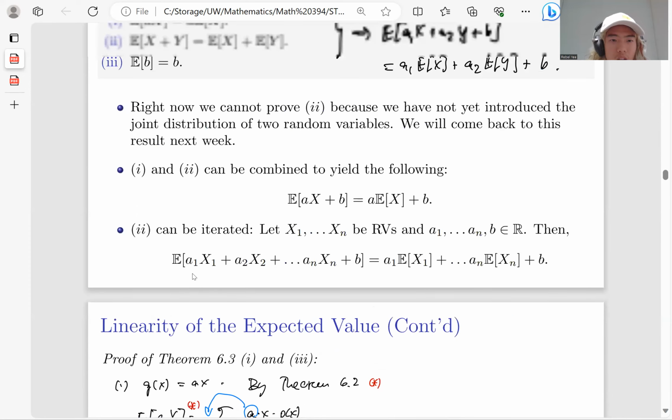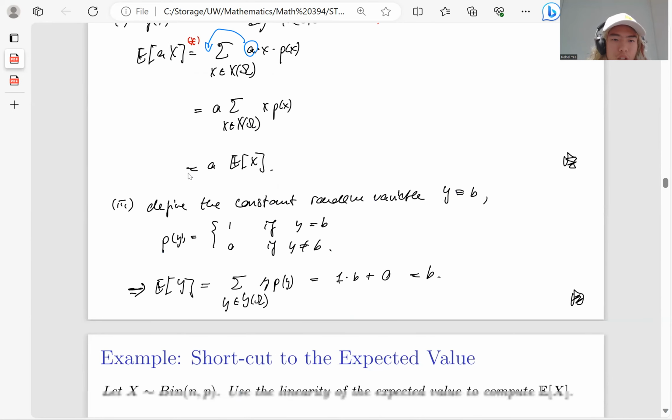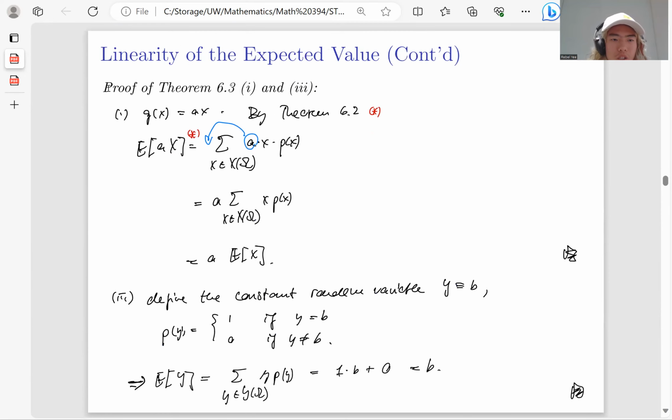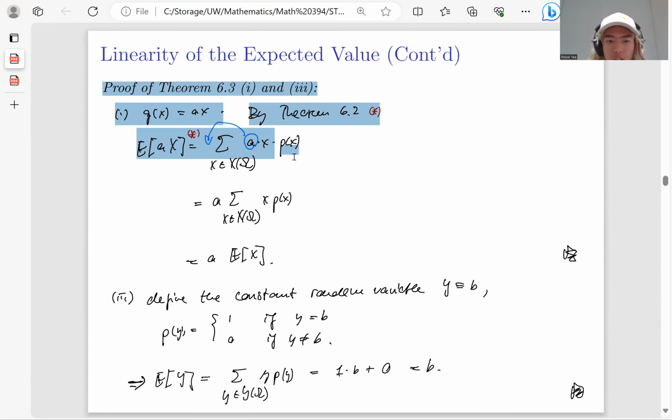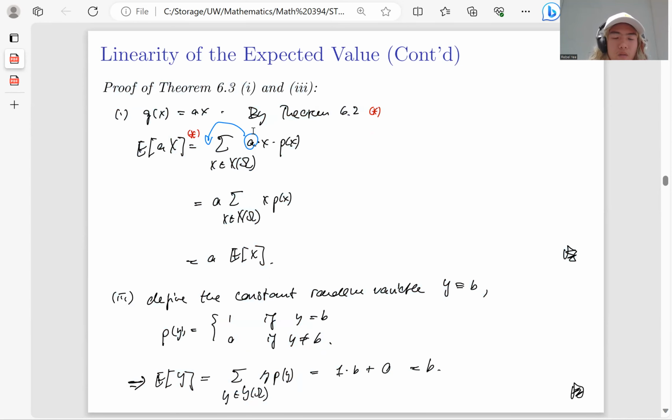And these two properties can be easily proved here, and the proving process is here. But I don't think I need to illustrate why it is correct, because I think they are super easy. For the first property, you just move the a out, and that's very direct.